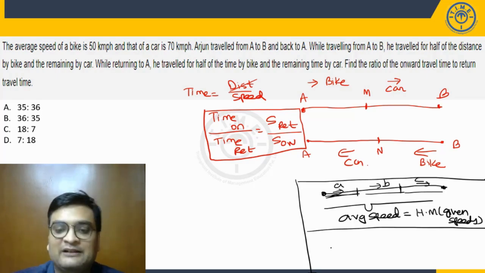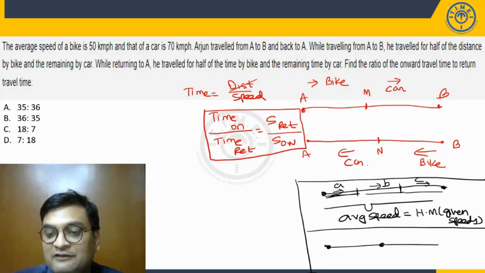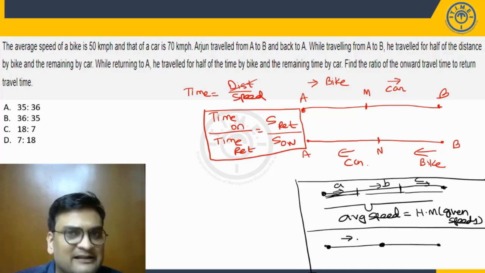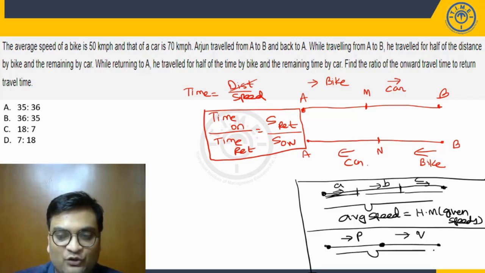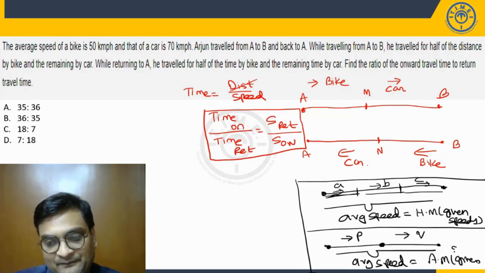Now in case a person travels for equal times, say 2 hours at P kmph and again 2 hours at Q kmph, then the overall average speed is the arithmetic mean of the given speeds.